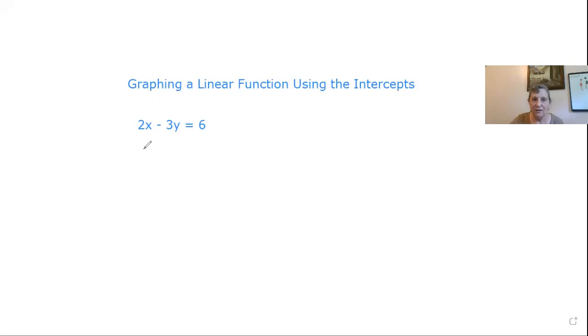You know that the x-intercept is always going to be of the form some number, 0, because the y is going to be equal to 0. So use this by plugging in 0 in place of the y value.